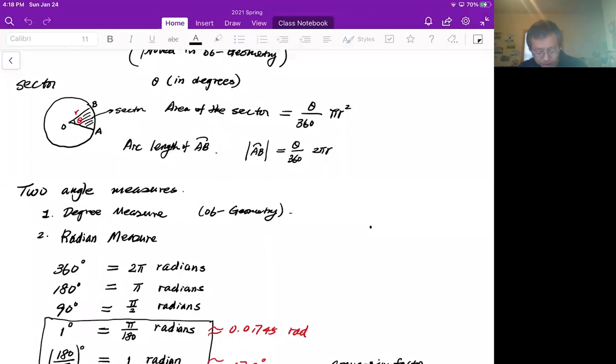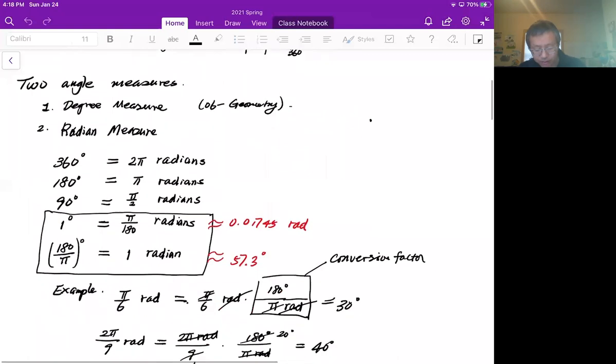And then we introduce two different angle measures. Many of us are familiar with the degree measure, but we also give you the idea of the radians measure. The radians measure basically says that for 360 degrees, I'm going to consider that to be 2 pi radians. Why do I want to do that? Well, later on when we study calculus, you will see sometimes it's convenient to do that.